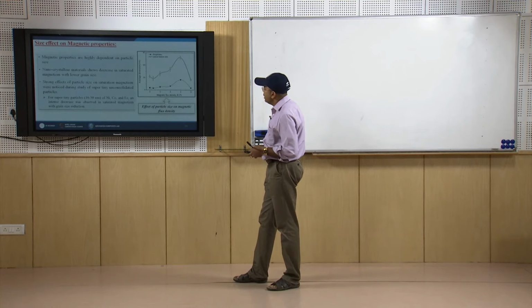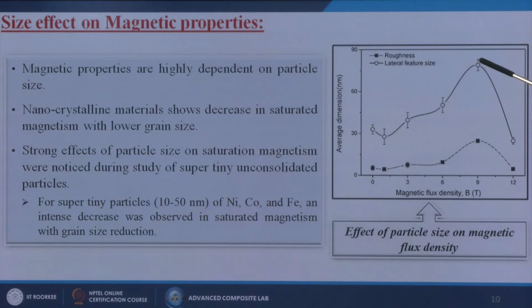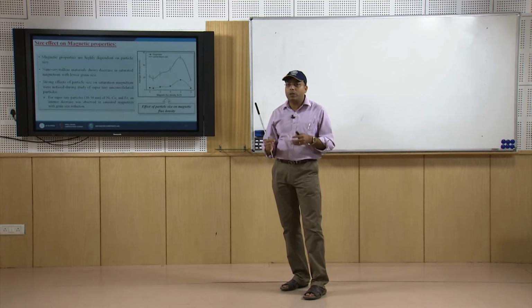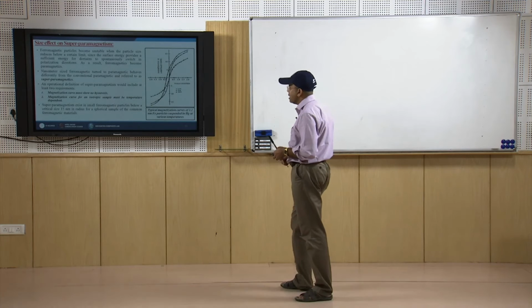You can see that when the particles' average dimension increases, the magnetic flux density is also increasing, but when the particle size decreases, the magnetic flux density is also decreasing. So, in that particular case the size effect on the magnetic properties totally depends upon the particle size of that particular material.